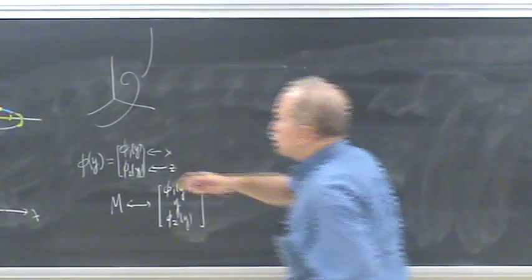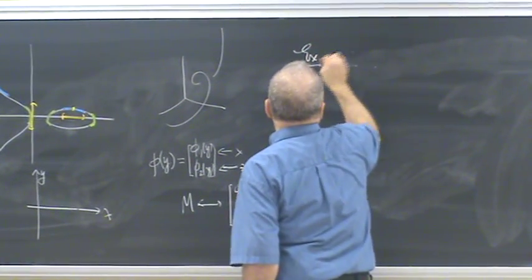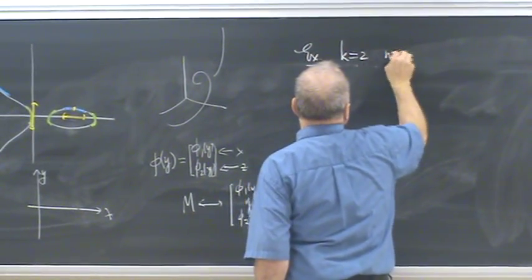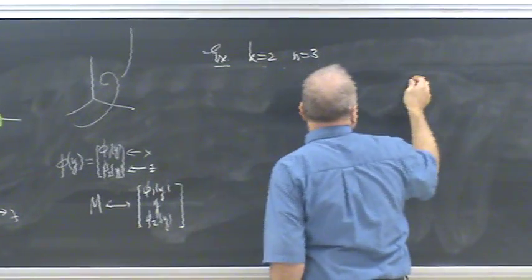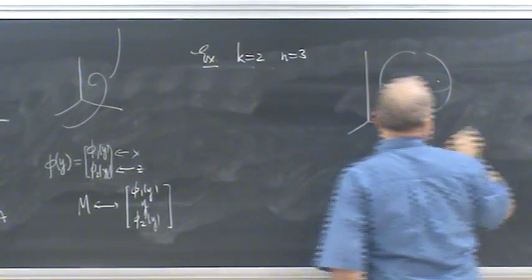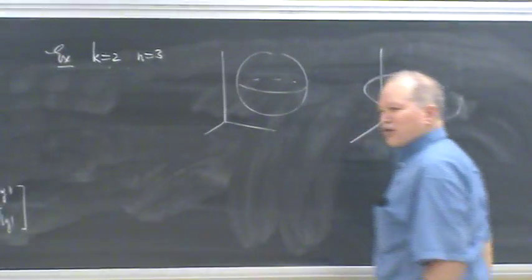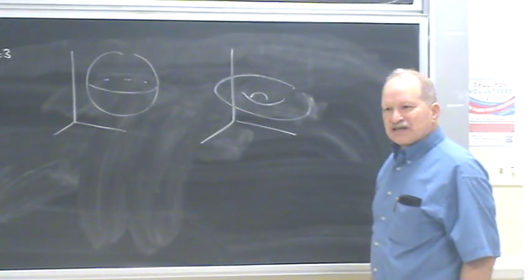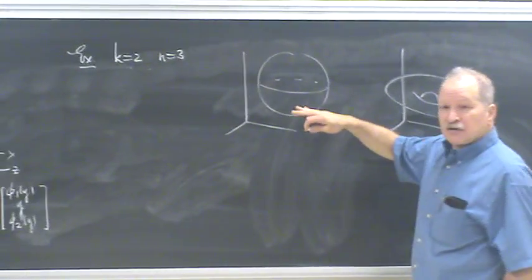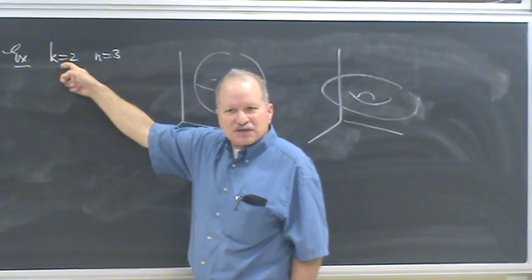What if you were doing a two-dimensional manifold in R3? k equals 2, n equals 3. So I want to think about, for example, a sphere in R3. Or I might want to think about a torus sitting in R3. Those should be examples of two-dimensional surfaces, or two-dimensional manifolds.